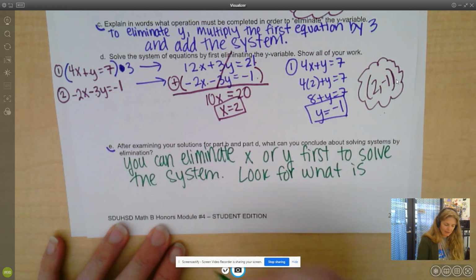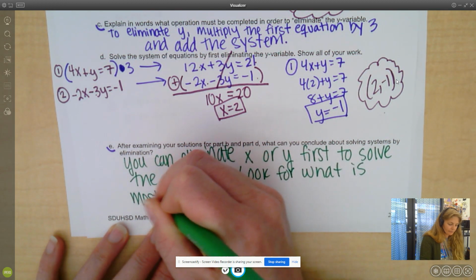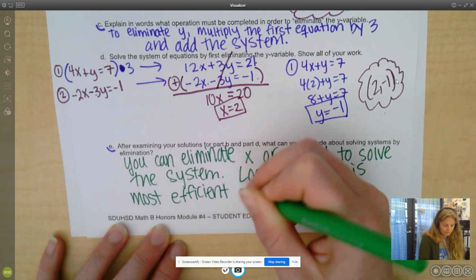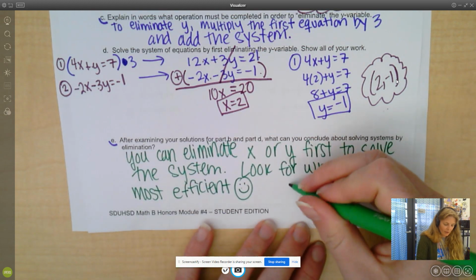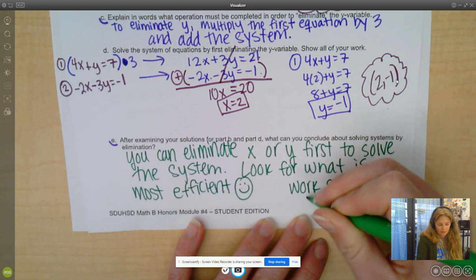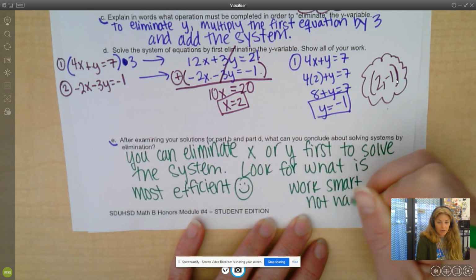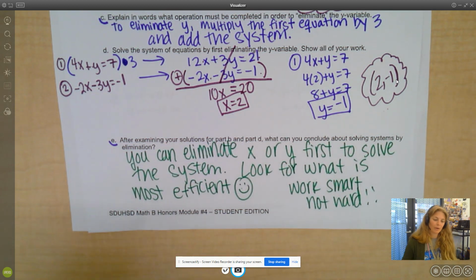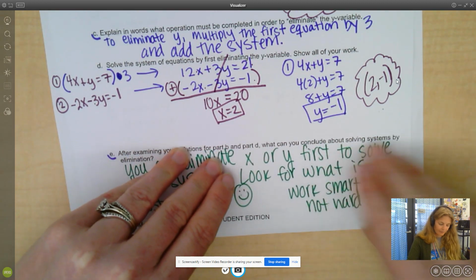So look for what is most efficient. Most efficient. Work smart, not hard. You can make these problems real difficult on yourself or pretty darn easy.